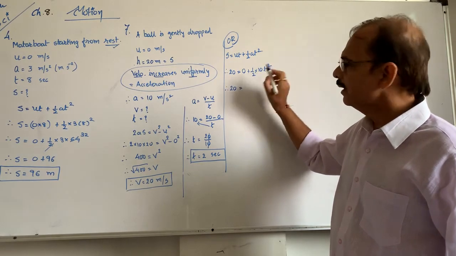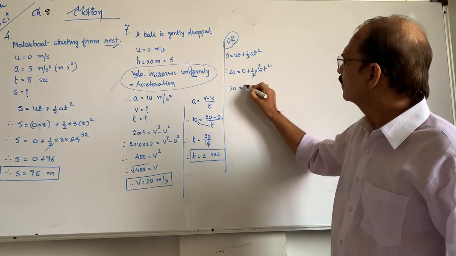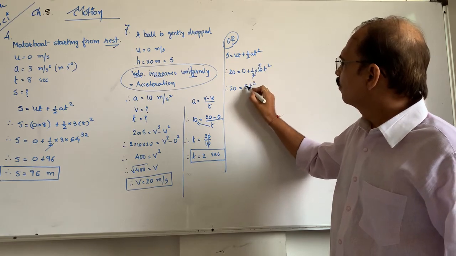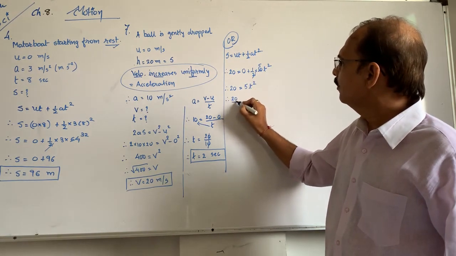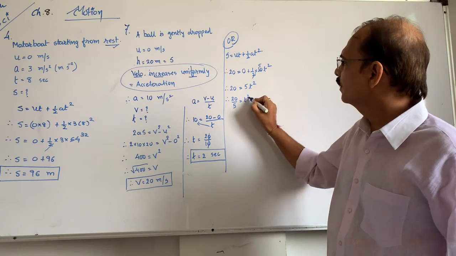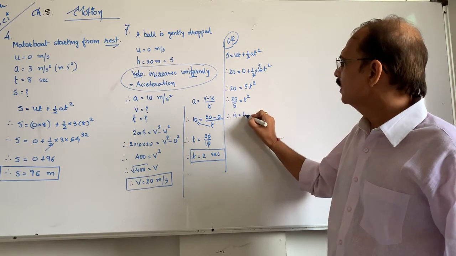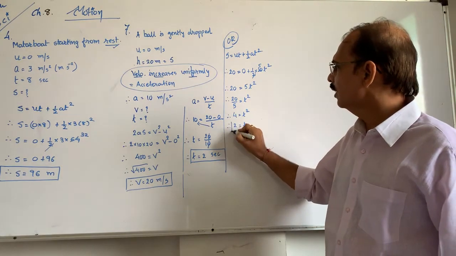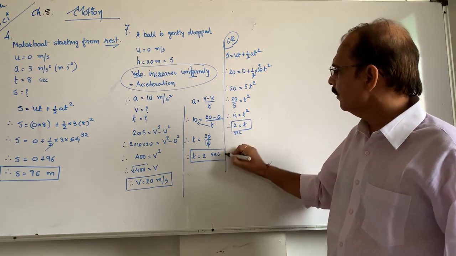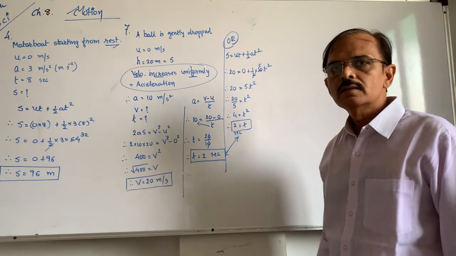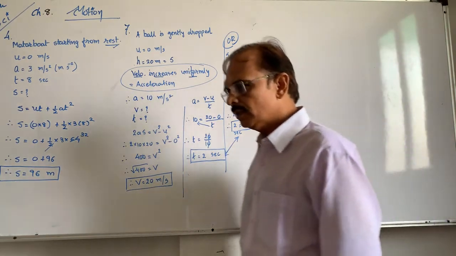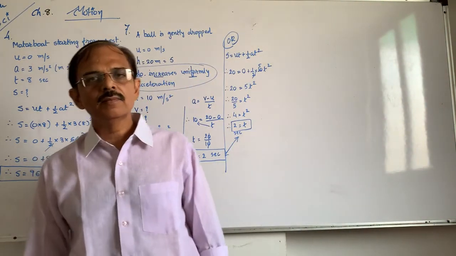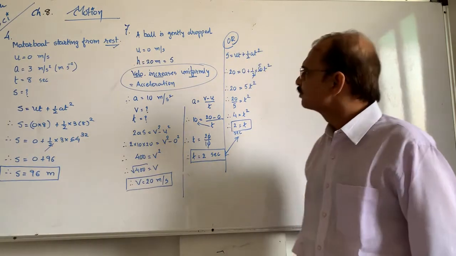So 20 equals 0 plus 2 fives are 5t square. 5 moves down: 20 divided by 5 equals t square. So 4 equals t square. So 2 equals t, taking the square root this side. So t is 2 seconds, the same answer. So don't worry about it. Use any formula for time, you will get your answer.